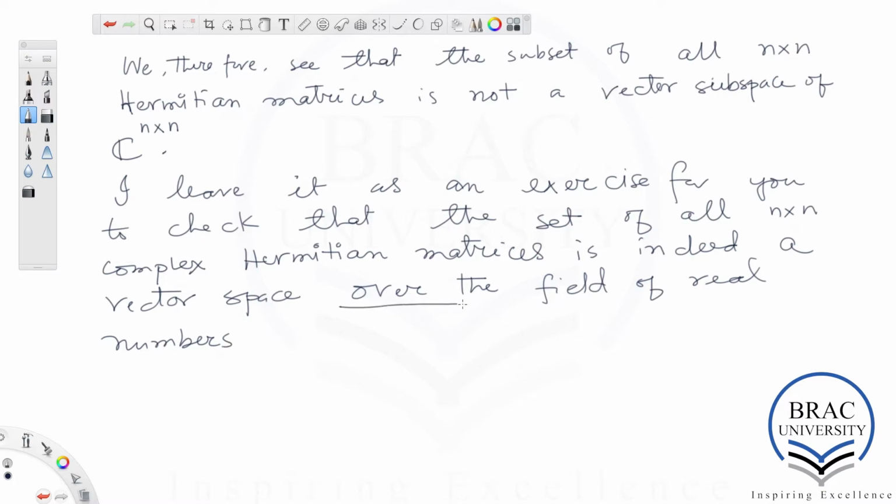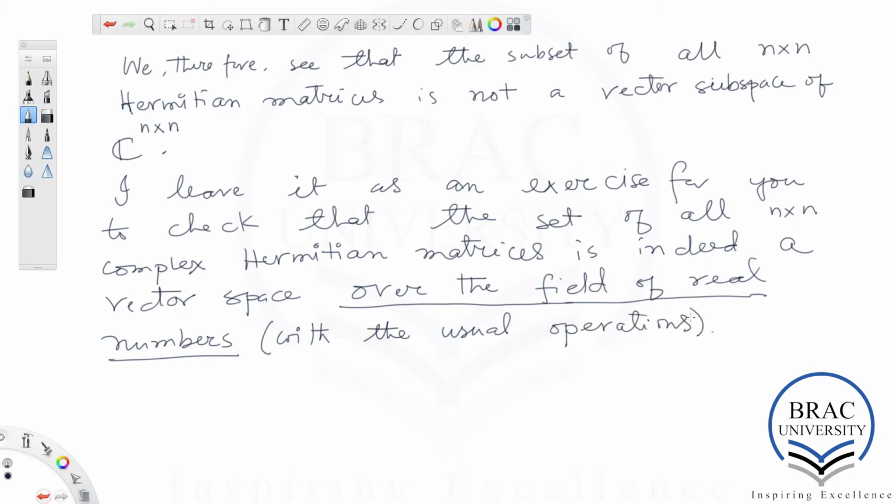It is important: I change the ground field now. It's no longer C, it's the field of real numbers, with the usual operations of vector addition and scalar multiplication. This is an exercise for you.